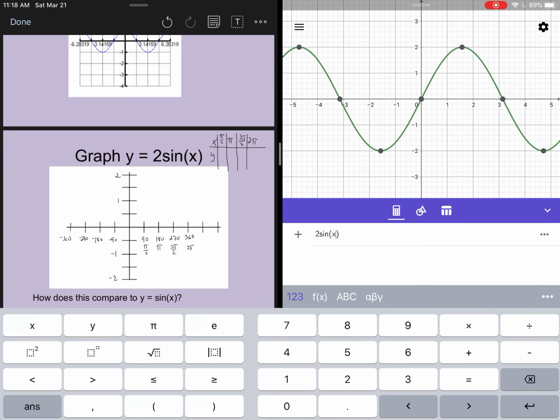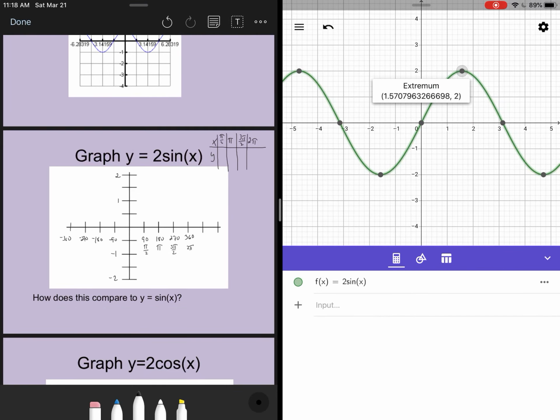Take a look at what we got here. If you just tap them here, you see what we're getting. We're getting these crazy values, right? But we know what the x value is, and the x value is pi over 2. So when x is pi over 2, the y value is 2.